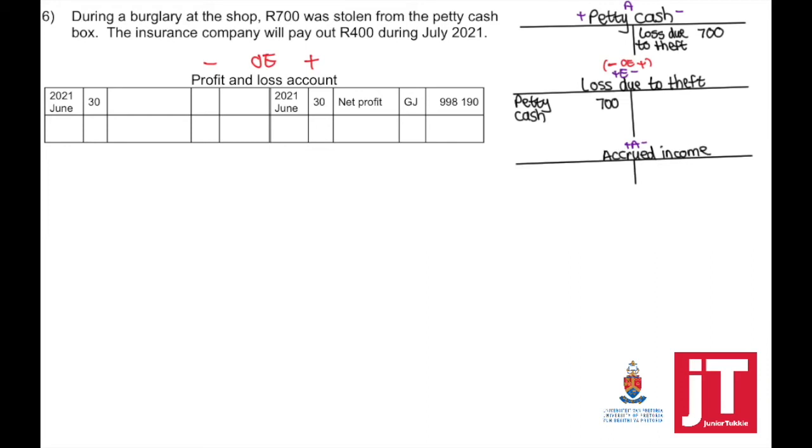What the insurance company is going to pay us out will go to accrued income, which will be debited with 400, account credited, loss due to theft. So in my loss due to theft account, I need to calculate the loss which was made, by taking 700 minus 400 equals 300.